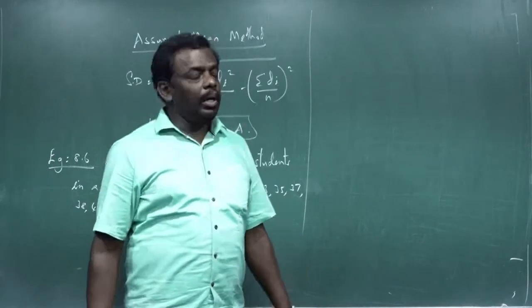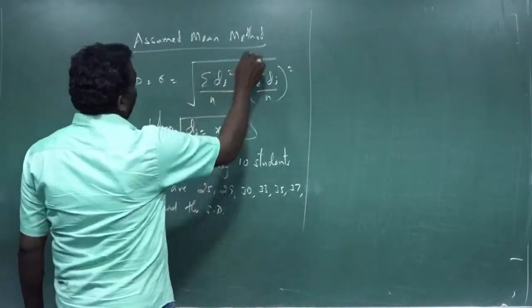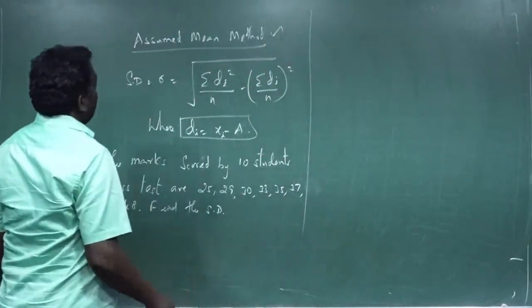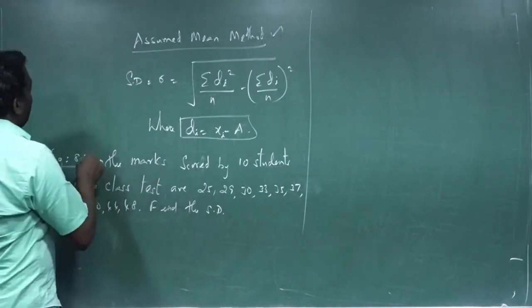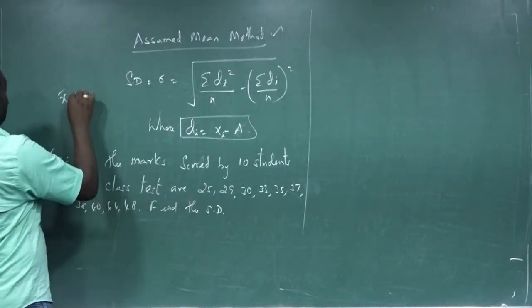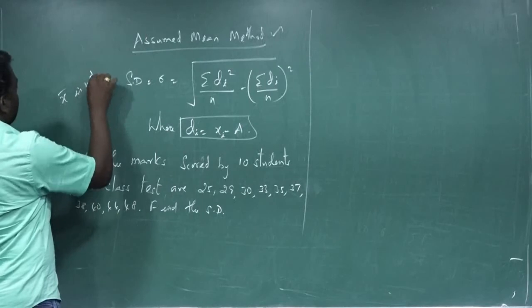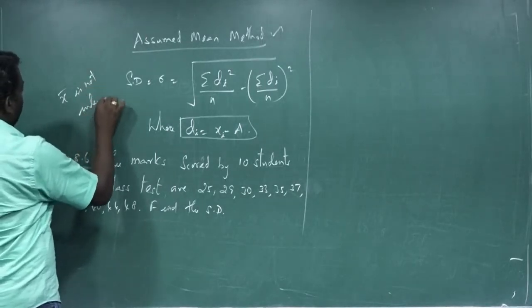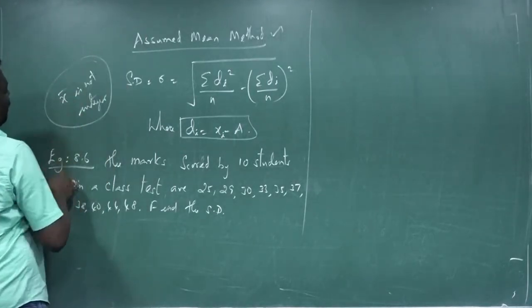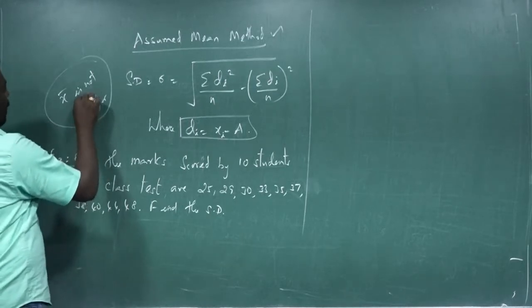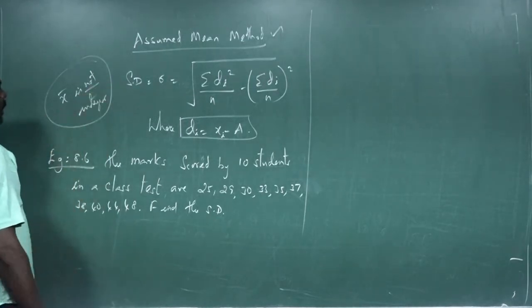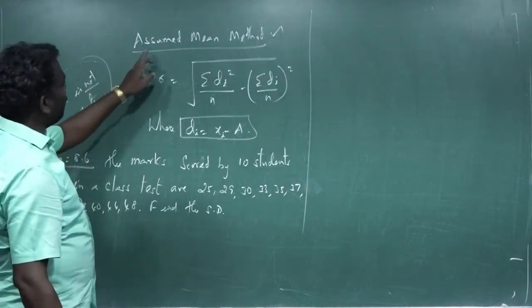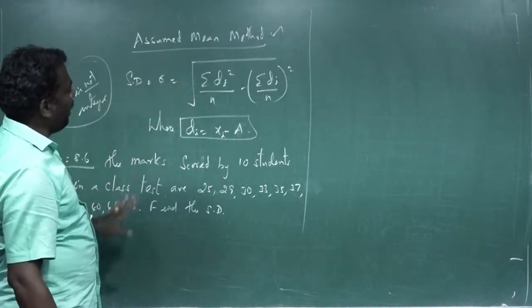Come to the next method: the assumed mean method. In this method, the arithmetic mean x bar is not an integer. In this situation, we apply the assumed mean method to solve for the standard deviation.